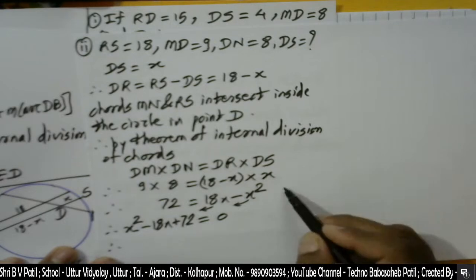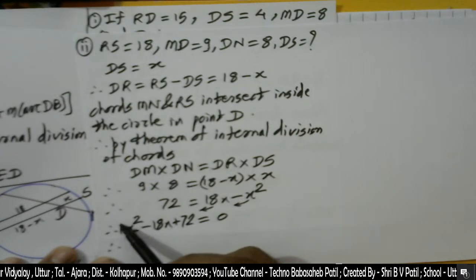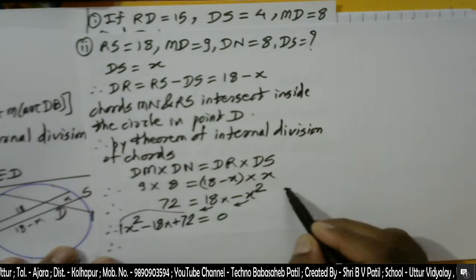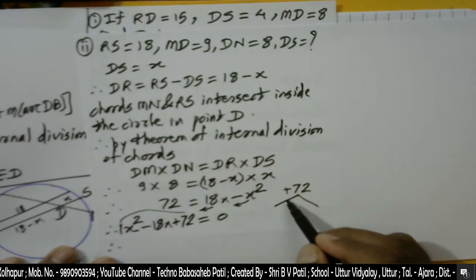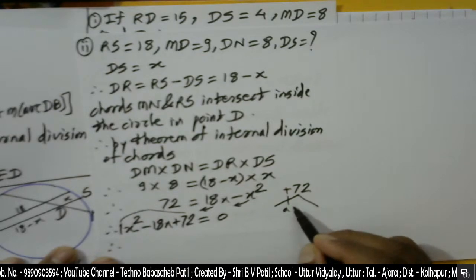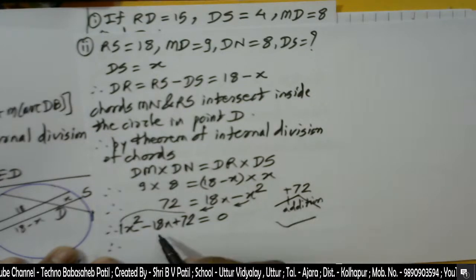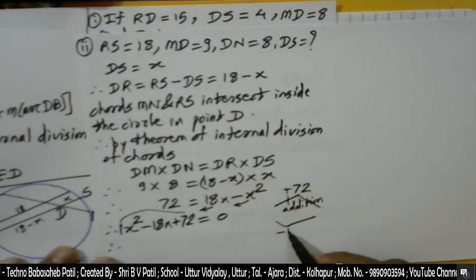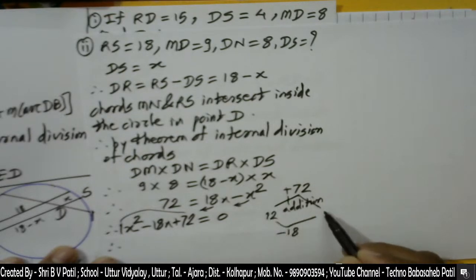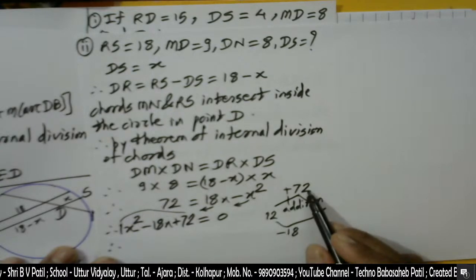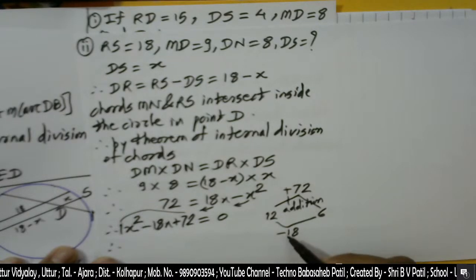Then here the plus sign on the multiplication, the coefficient is 1, 1 into 72. Plus 72 we want as a multiplication, and the plus sign indicates the factors' addition, and from the factors' addition we want the middle term, that is minus 18. 12 sixes are 72, and the addition we get is 18.